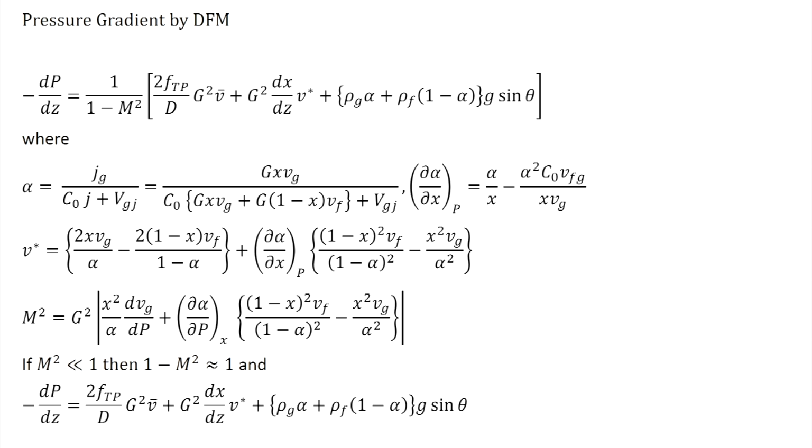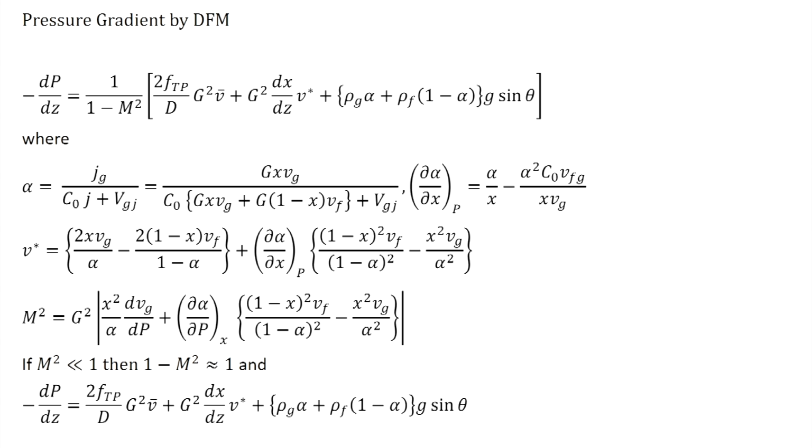So, alpha is equal to Jg upon C0 j plus Vgj, and then we substitute for J and Jg, and then we get this expression Gxvg upon C0 Gxvg plus G(1 minus x)Vf plus Vgj, and then we differentiate this with respect to x, keeping pressure constant, that means Vg and Vf are constant.